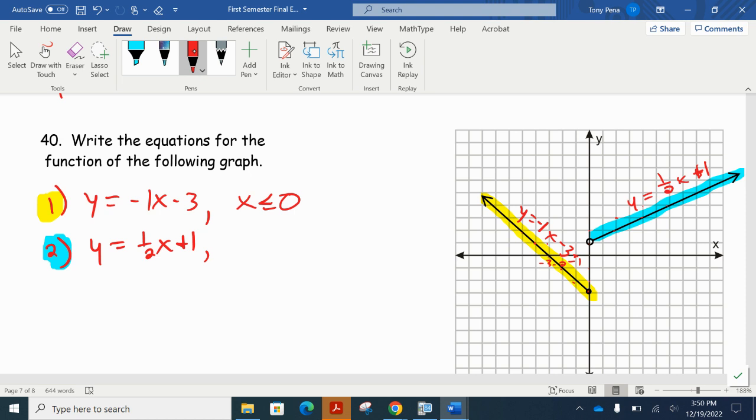The blue one, notice how it is graphed for all the positive x values. So it is good for when x is greater than 0. So those are our 2 equations, just again, slope-intercept form that we should be pretty comfortable with. And then it's just identifying what x values the graph exists for.